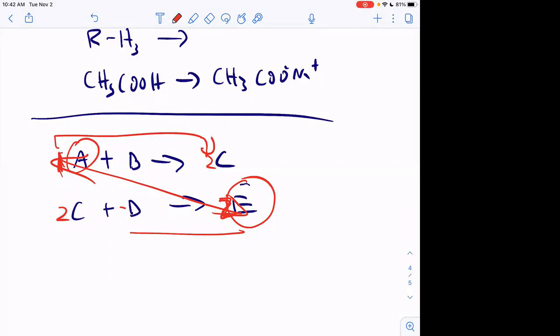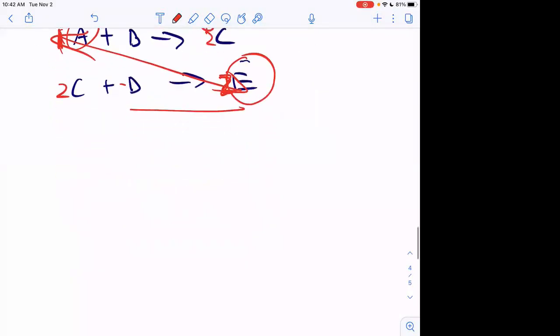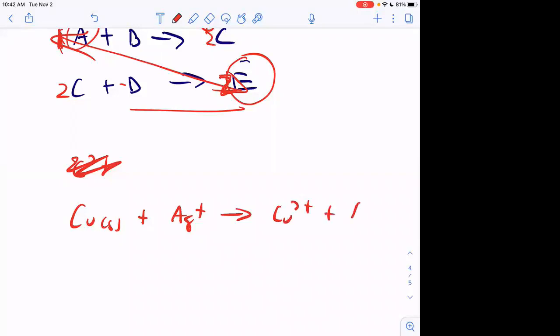It was copper solid plus silver ions, right? And it gave us copper 2 plus silver solid, right? I think that's what it was. And the question came up, why don't you get copper 1?